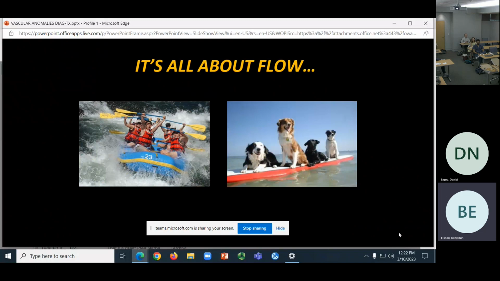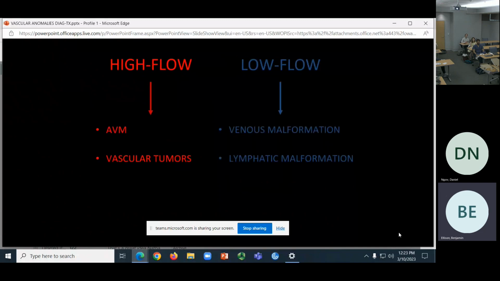If you're trying to embolize something or deploy a device or inject a liquid drug inside a vessel, it varies whether you're in a vessel that is flying with blood or in a vessel with really stagnant flow. Okay? So this is what an arteriovenous malformation is going to look like, and this is a lymphatic malformation or venous malformation. So based on that, you can use different approaches.